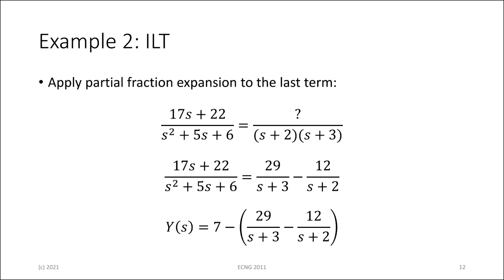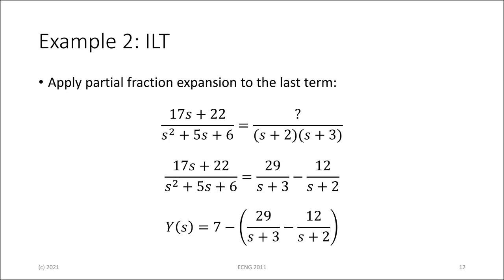And if you split it up into partial fractions, it's 29 over s plus 3 minus 12 over s plus 2. So that split up into partial fractions, the transfer function is now in this form.